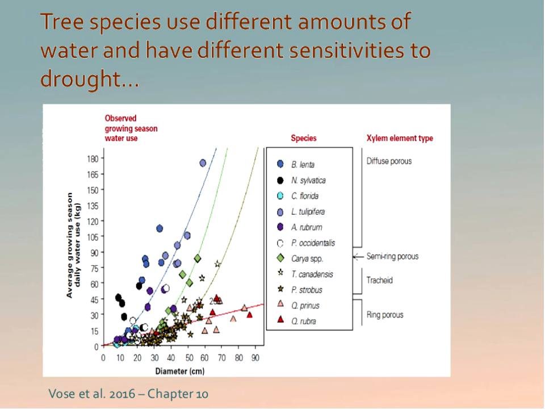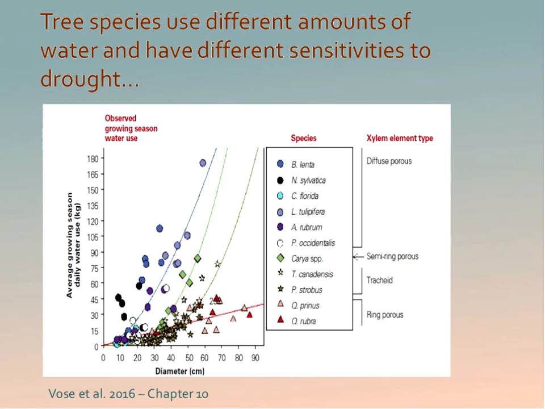In addition to different amounts of water required by these species, there's also very different sensitivities to drought. Some species are much more likely to be impacted and may die from drought than others. Typically, it's the higher water-using species, the diffuse porous ones in the upper part of the graph, that are much more vulnerable to drought and likely to die as a result of drought than the ring porous or tracheid species, which are the lower water-using species in the bottom part of the graph.